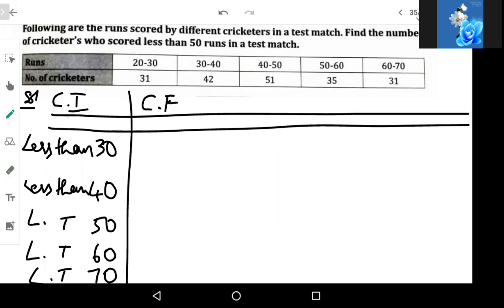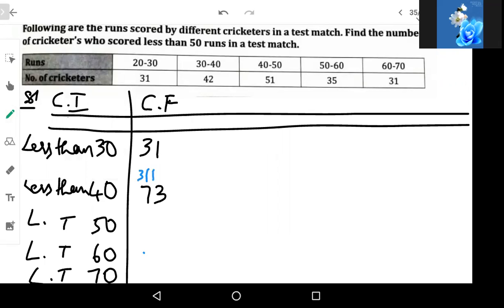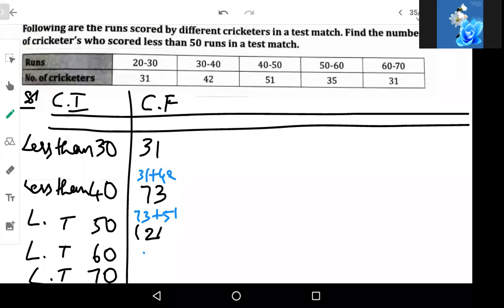Start with 31. The first number will be there as it is. Now 31 plus 42 will give me 73. How did I get 73? 31 plus 42. Next, 73 plus 51 you will get 124.